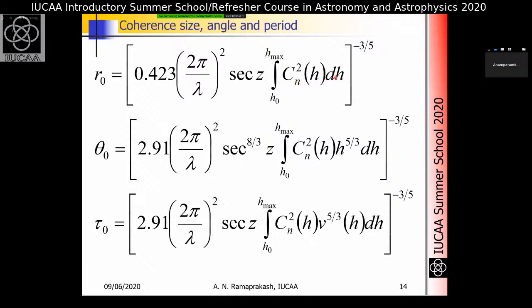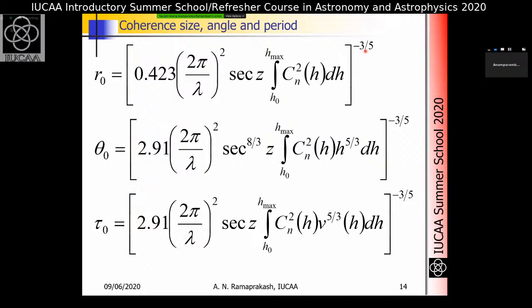So you integrate the refractive index structure function along the line of sight you are going to observe. In this case, you're corrected by sec z, so vertically. And then take this power, and then you get this R0. So your R0 has a lambda raised to 6.5 relation. So the correct connection between R0 and lambda is lambda raised to 6.5.